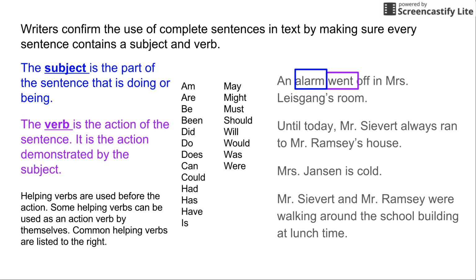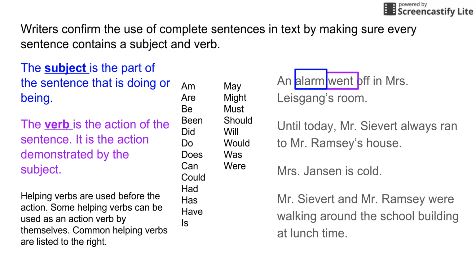Went is the verb. Now this next sentence, until today, Mr. Sievert always ran to Mr. Ramsey's house. So when I read this sentence, I have to think about, what is the subject? What is the verb? And I see that Mr. Sievert is in the sentence and Mr. Ramsey, so I'm thoroughly confused about the subject right now.